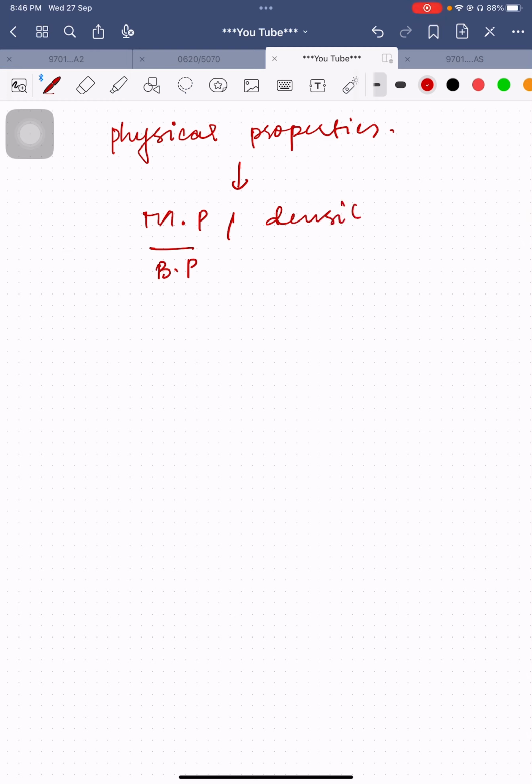What about the physical properties? What are the physical properties? First of all, it is melting point, boiling point, density, solubility, and electrical conductivity.